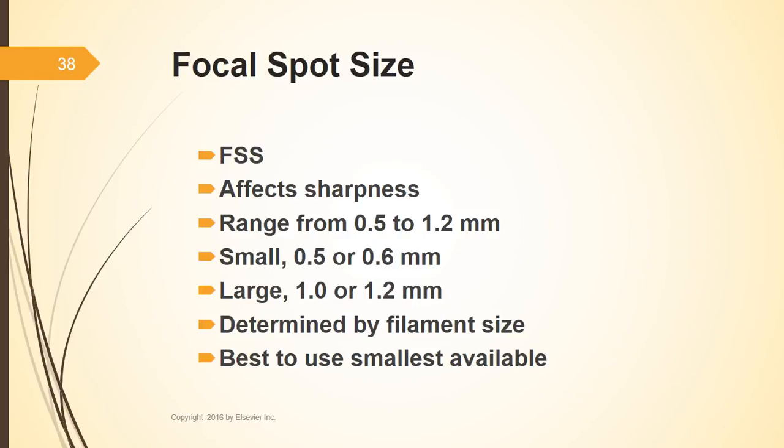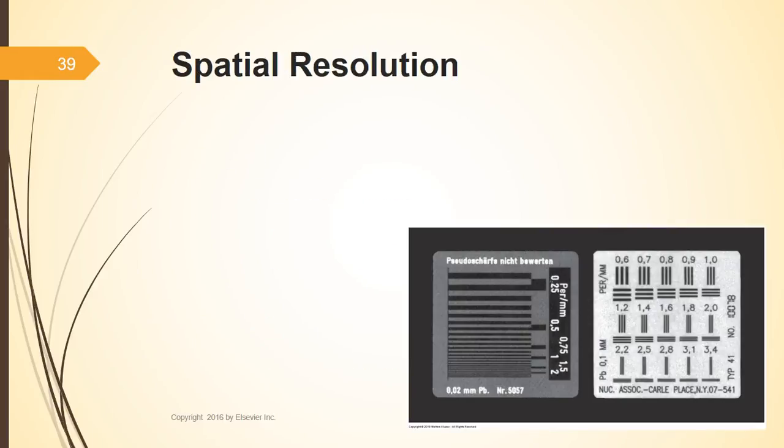Unfortunately, exposure is limited with a small focal spot size. When you pick a small focal spot, the heat created during exposure is in a smaller concentrated area, and it can cause tube damage. So you would only want to pick the small when you're doing procedures that do not require a lot of heat.